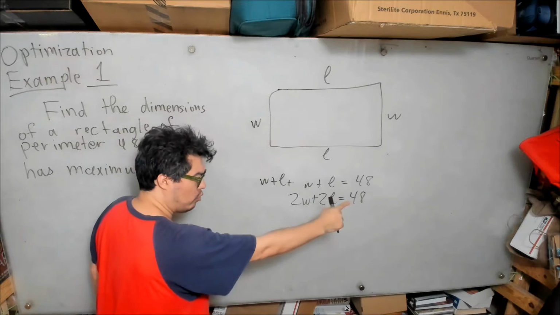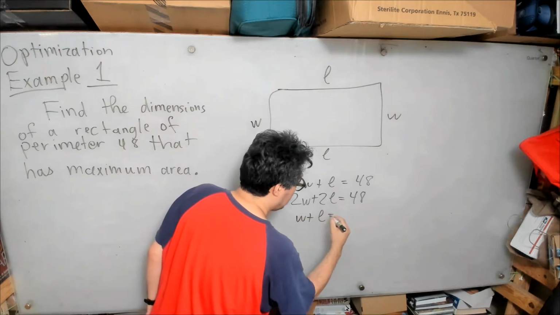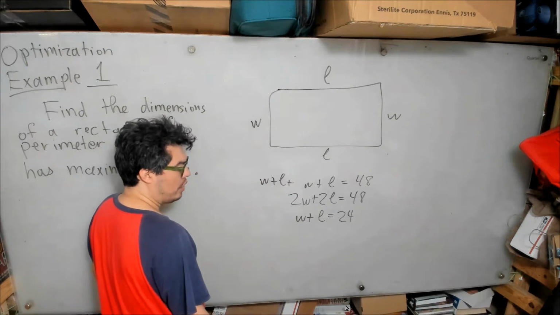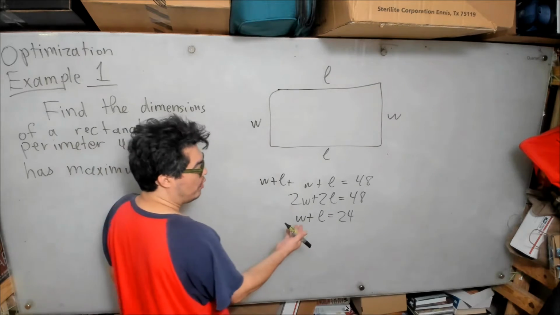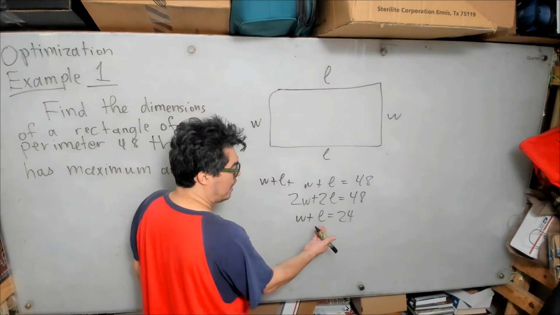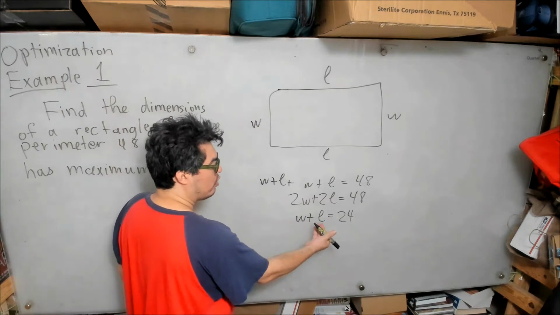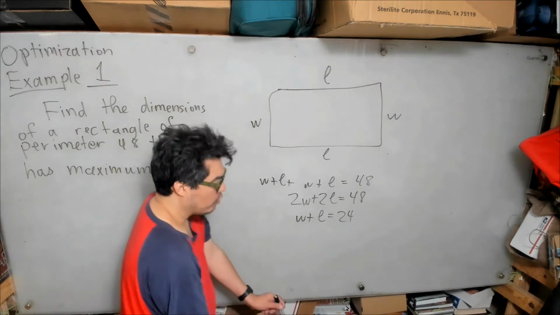We can divide both sides by 2, and we get W plus L equals 24. And then we can solve for the width in terms of the length by subtracting L from both sides, or we can solve for the length in terms of the width by subtracting W from both sides.